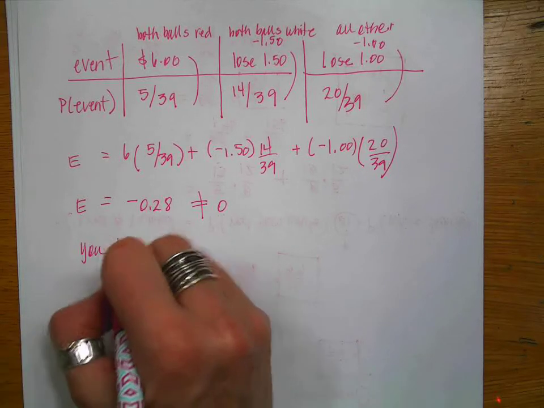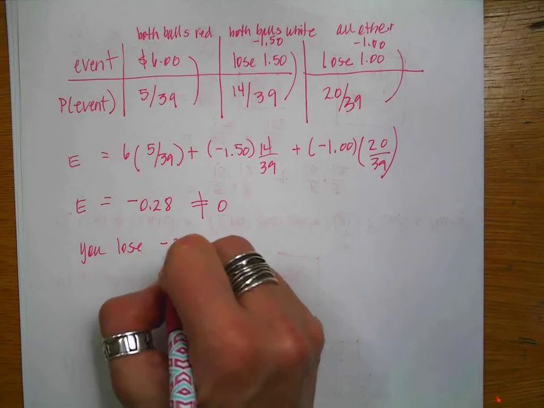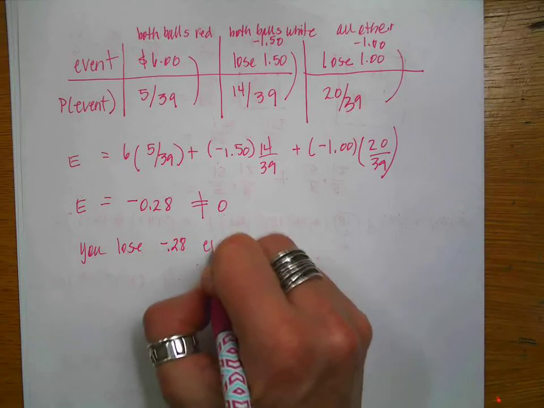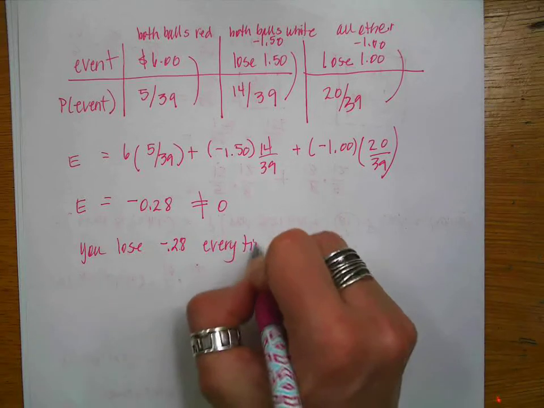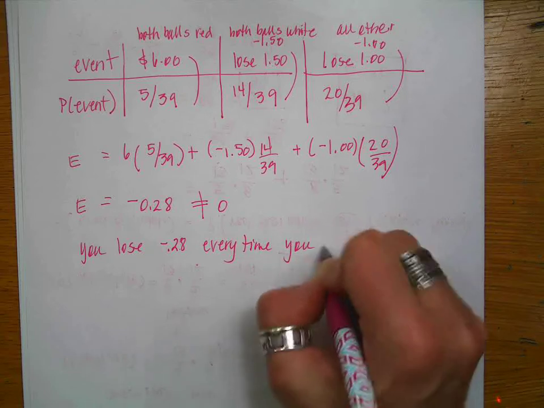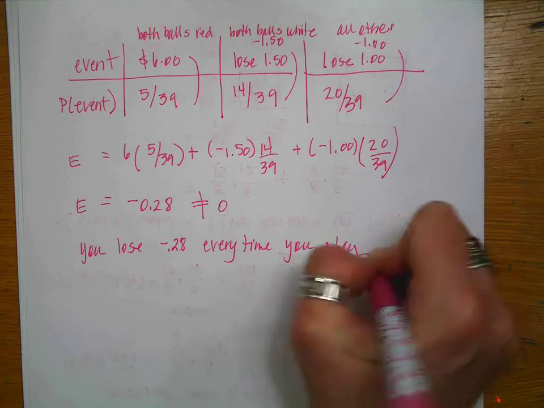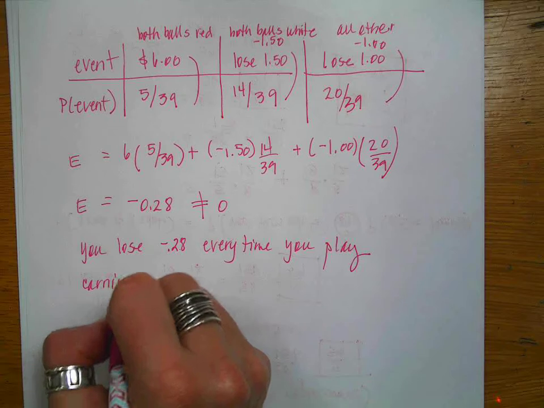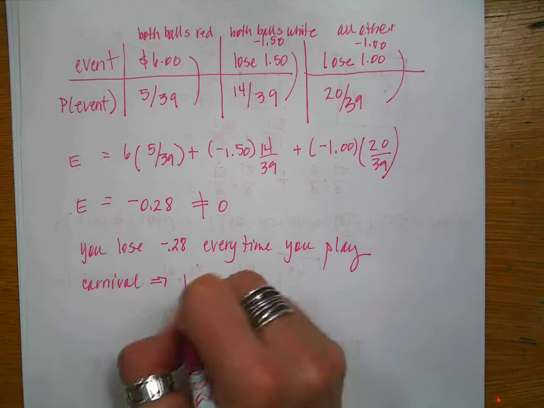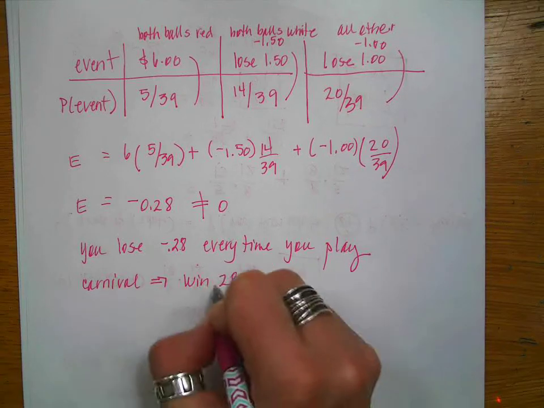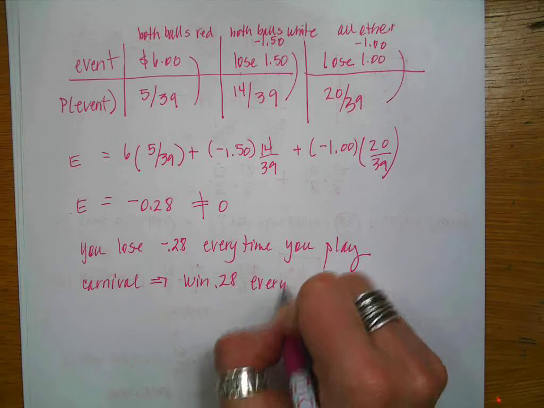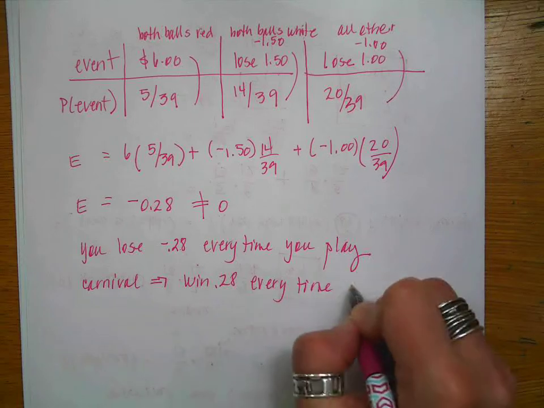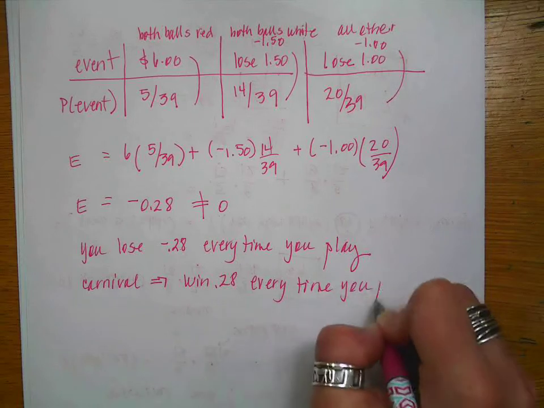So let's talk about what this means. That means that you are going to lose 28 cents every time you play. That also means then that the carnival is going to win 28 cents every time you play.